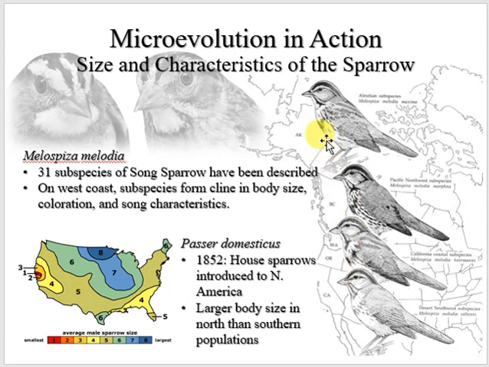So a cline, again, is this gradual change or difference in characteristics and traits. They form this great cline in body size, in plumage coloration, and song characteristics. Those, again, all are examples of microevolution, formation of your subspecies.